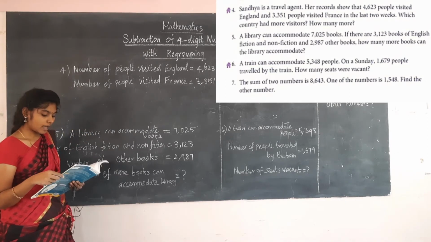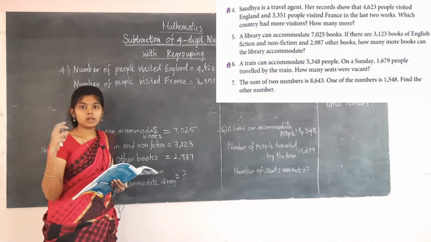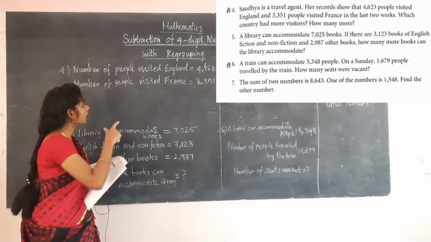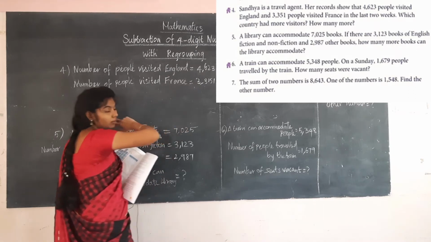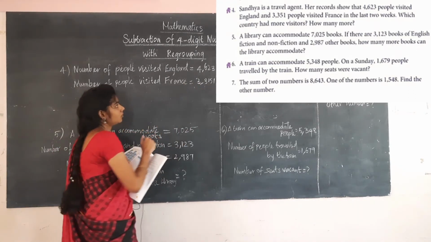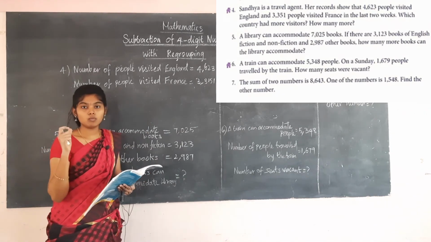She is recording how many people are visiting England and France. Those who visited England are 4,623, and those who visited France are 3,351. They have asked which country had more visitors.